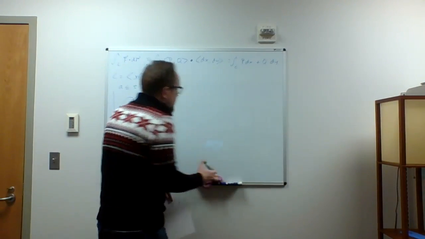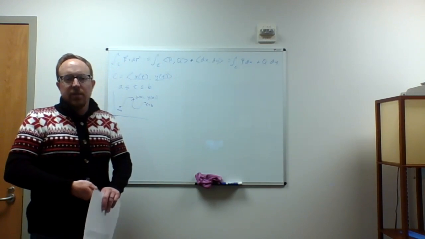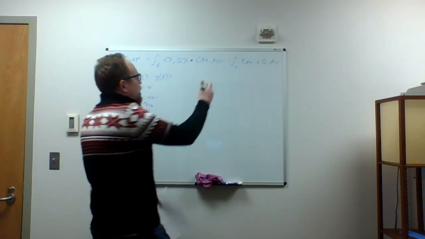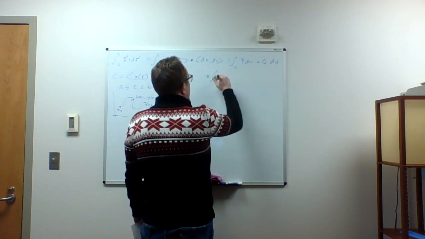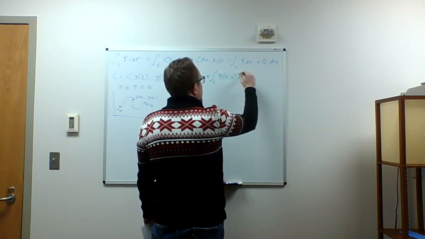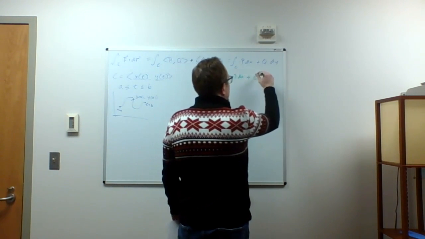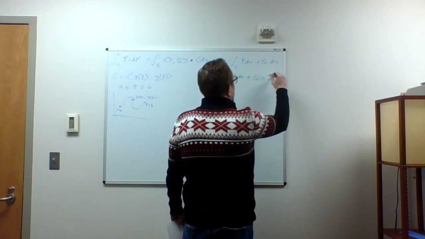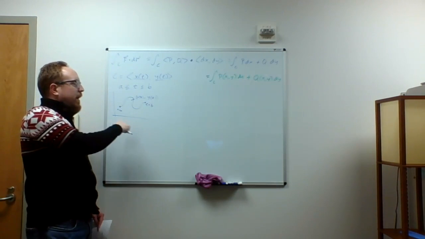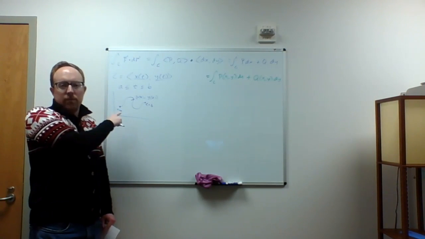The first thing to note is that P and Q are actually functions of x and y. So if we're really being careful, we should write this as the integral over C of P of x and y dx, and then Q of x and y dy. And then we're going to use this fact that we are lying on this curve somewhere.